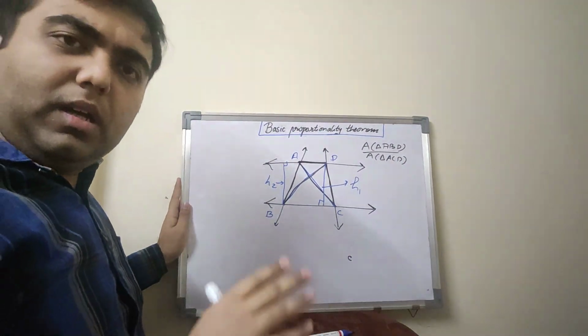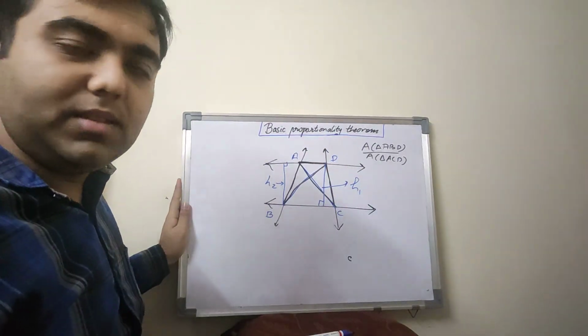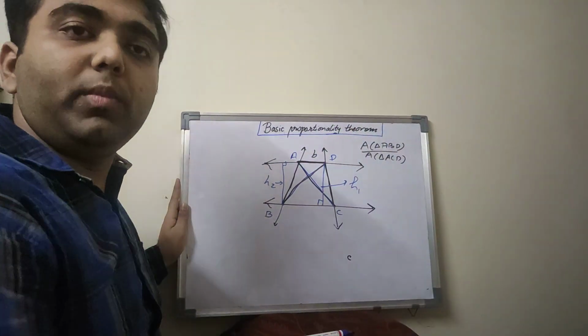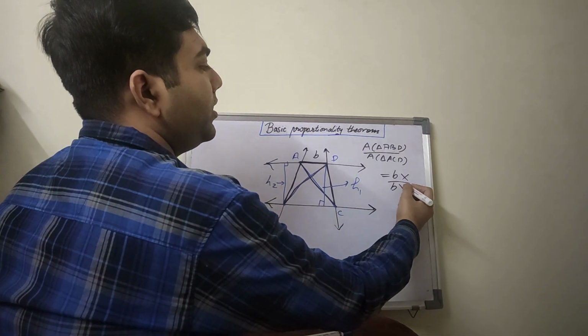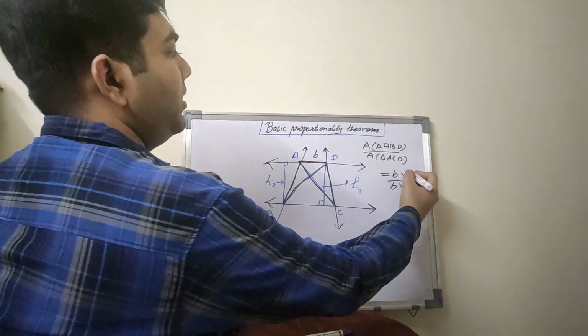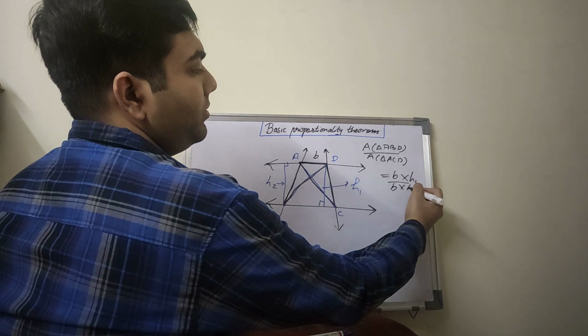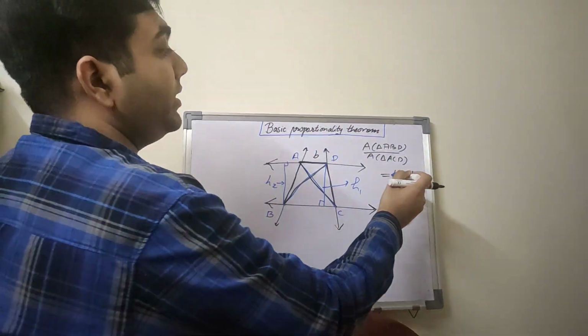What is going to be? B1 into H1 upon B2 into H2. B1 and B2 both are same. Common base. And heights H1 and H2 are also same. Everything will get cut.